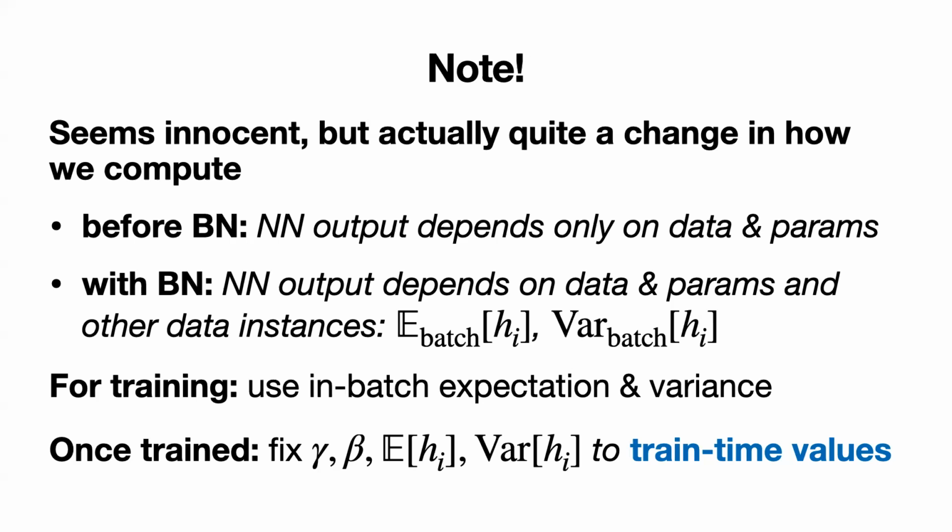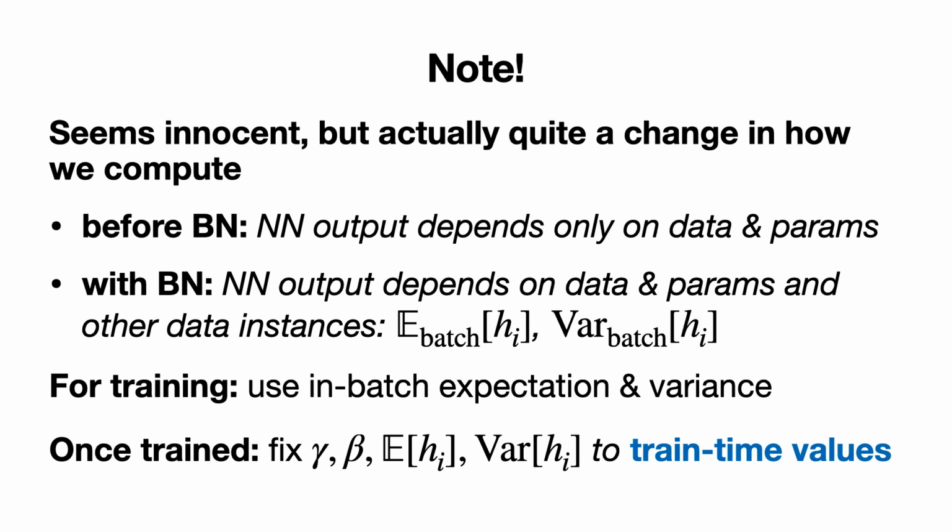Once you're done training and you want to do a prediction, say of 10 different images of animals, my prediction shouldn't depend on the others. The entire point of statistical learning theory is that they're IID. So it was really just a trick to control the behavior of the learning process.